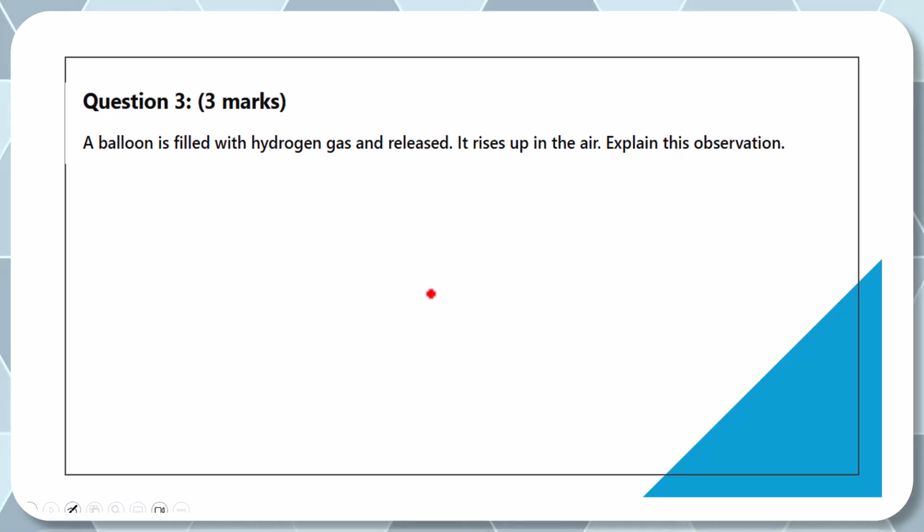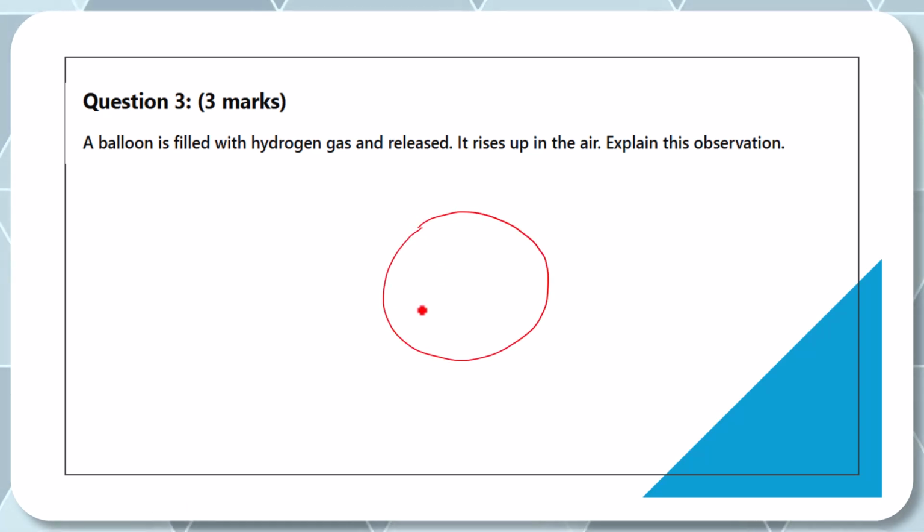Now let's understand something. I put a balloon here. The balloon has got this gas, hydrogen gas. Hydrogen gas has got very low density. It's a very light gas. Underneath here, I'll be having air particles bombarding it from all directions, and in fact, even at the top.